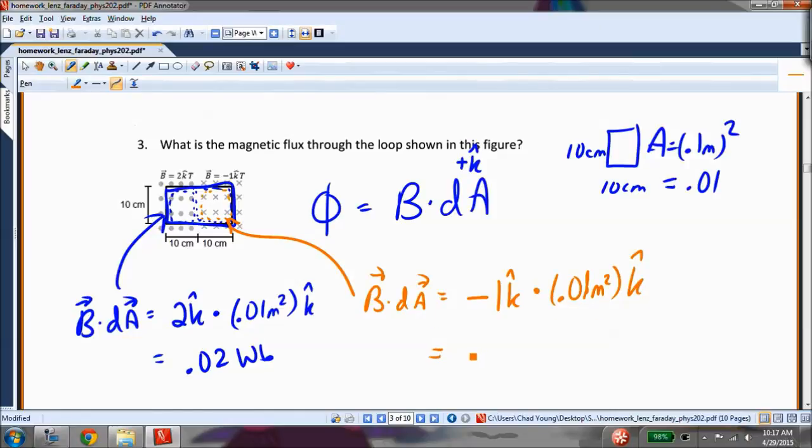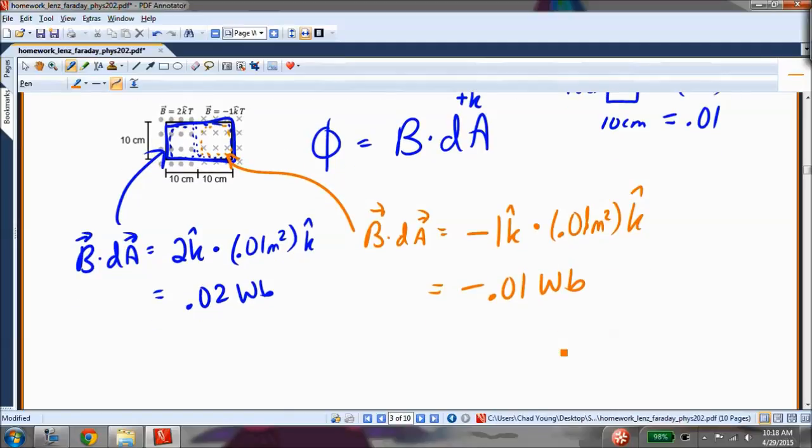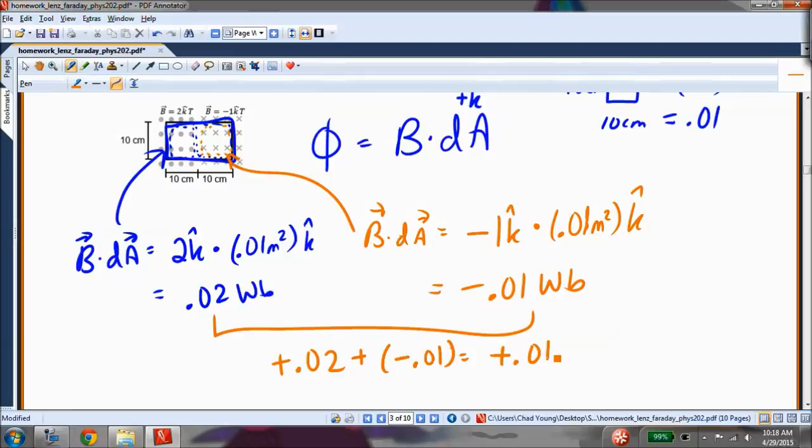So that gives me a magnetic flux equal to negative 0.01 Webers. Now I just add those up because I want to know the magnetic flux through that total loop. So positive 0.02 plus a negative 0.01, and of course that's equal to positive 0.01 Webers. So that's my net magnetic flux, just the sum of those individual magnetic fluxes.